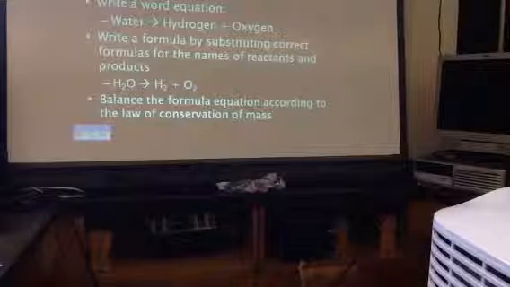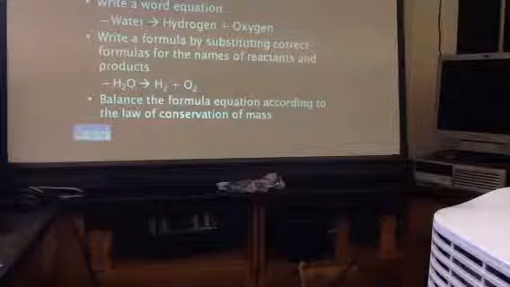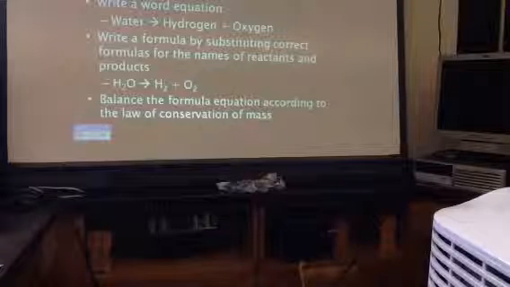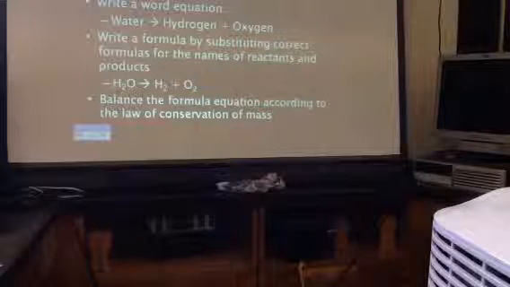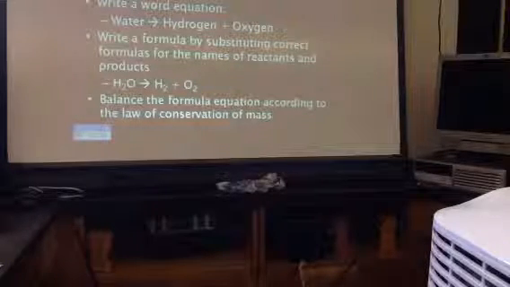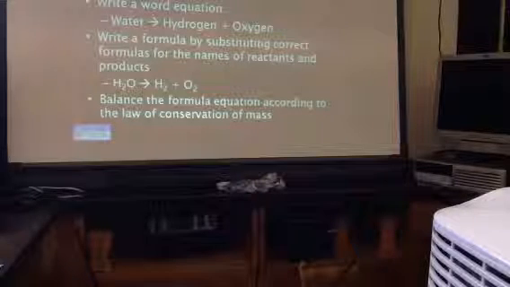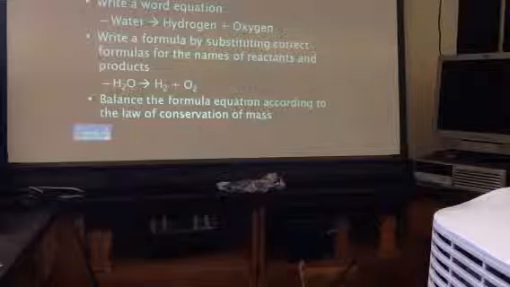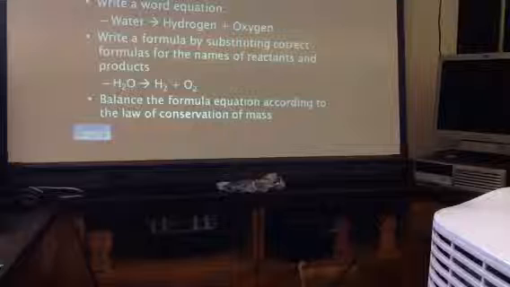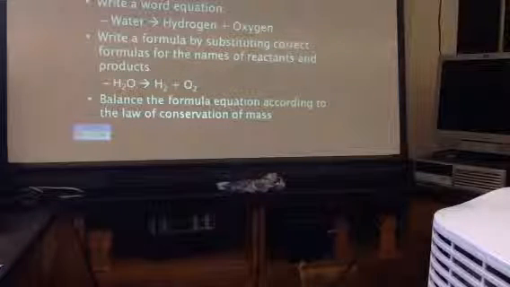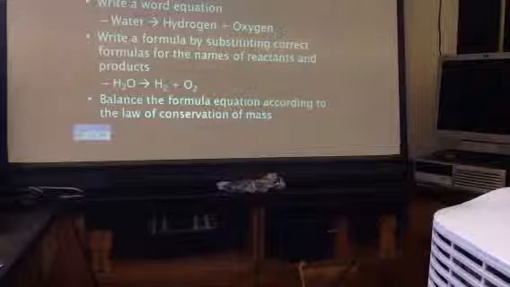All right. Balancing equations. This is the thing we did yesterday. I'm just going to walk back through the steps. When you're given a sentence that describes a reaction, the first thing you want to do is write the word equation. Right? What are your products? What are your reactants? Put in your symbols, and then write formulas.